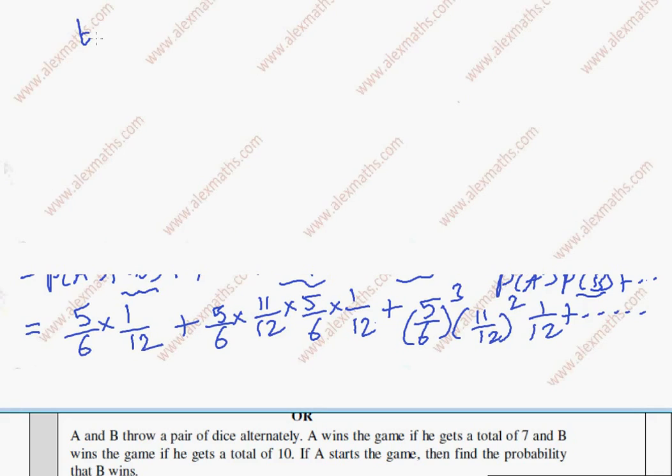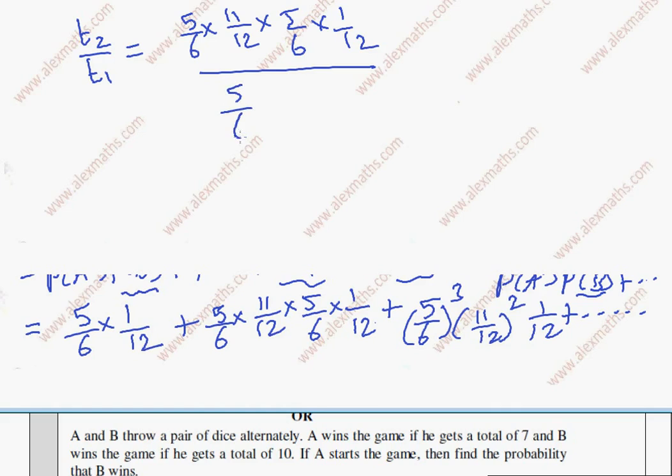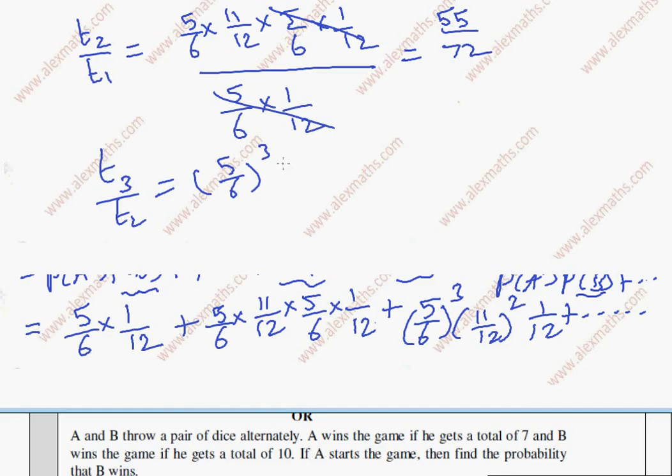Suppose I take term 2 divided by term 1: 5 by 6 into 11 by 12 into 5 by 6 into 1 by 12, whole divided by 5 by 6 into 1 by 12. So we can cancel these two and we are left with 55 by 72. I'll check for the third term divided by the second term. The third term is 5 by 6 whole cube into 11 by 12 whole square into 1 by 12.